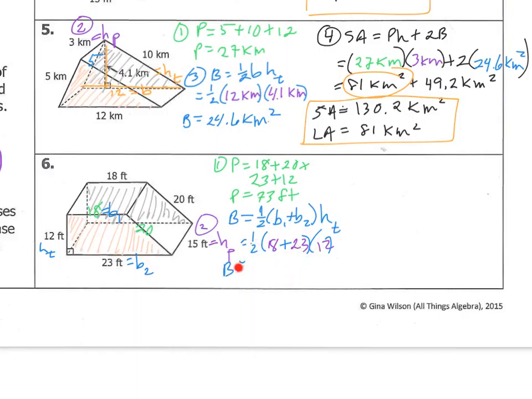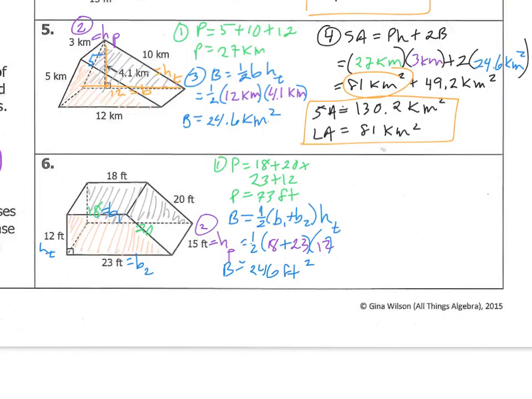If you don't get part B right, no matter what, you're going to end up getting that part of it wrong. So you can do it, more room if you want to. You just have less room shown in here. So if you add the 18 plus the 23, then multiply by 12, and then divide by 2, what'd you get? 246. The units of measure are feet squared.